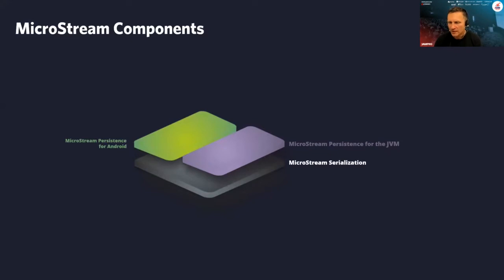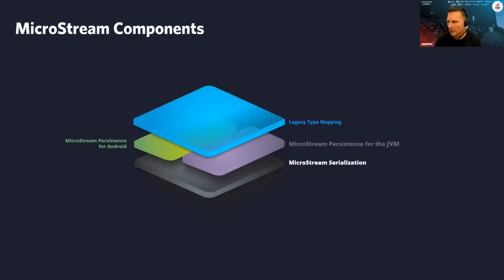This is a persistence framework for the JVM and for Android. On top of this persistence framework, we provide a so-called legacy type mapping. This was always a problem with system prevalence.